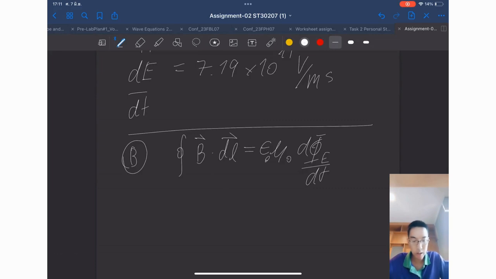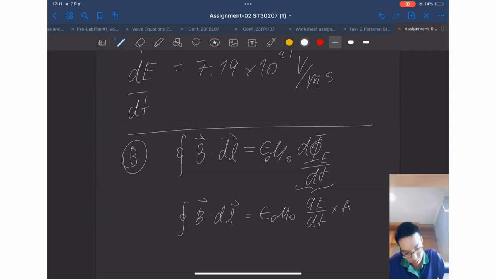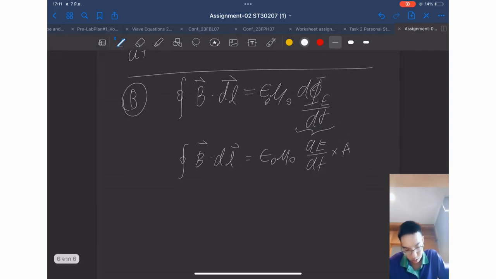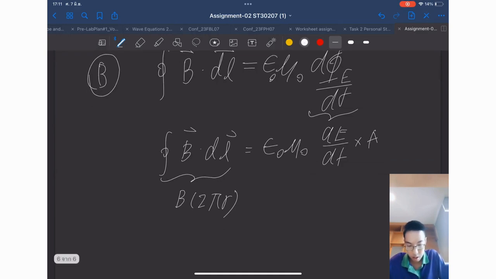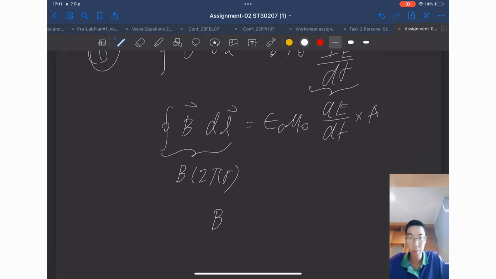We just substitute this by dE by dt multiplied by A, and now we know that this is equal to B multiplied by 2 pi r. Let's substitute what we have known.